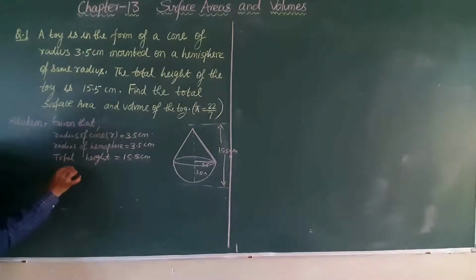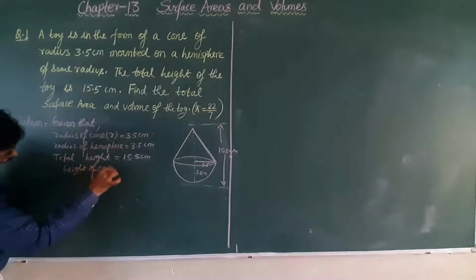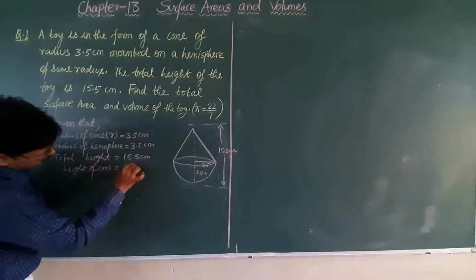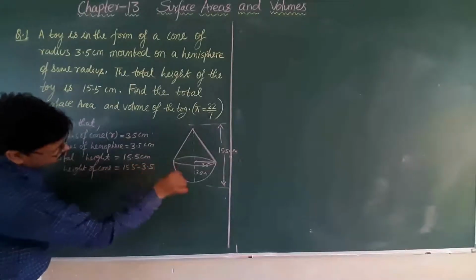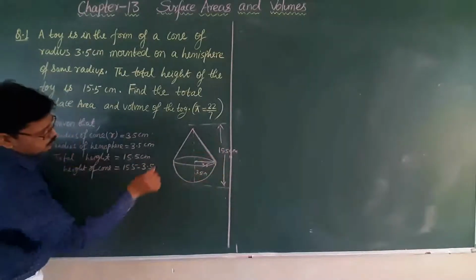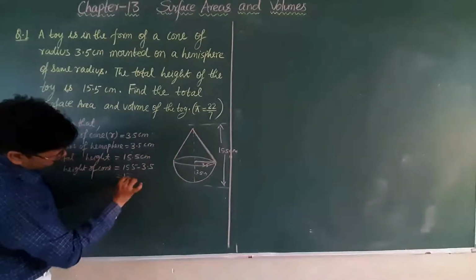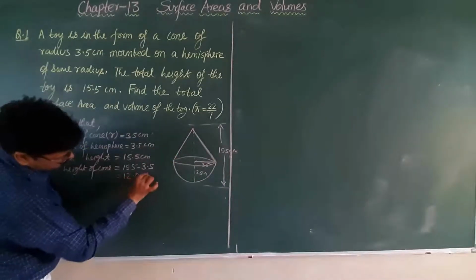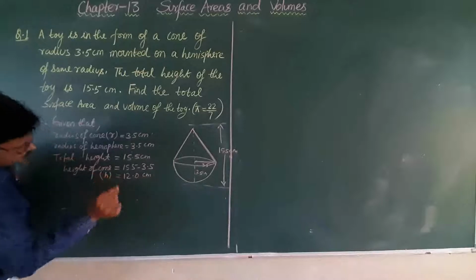The height of the cone is 15.5 minus 3.5, which is 12.0 centimeter. Note this down as h.